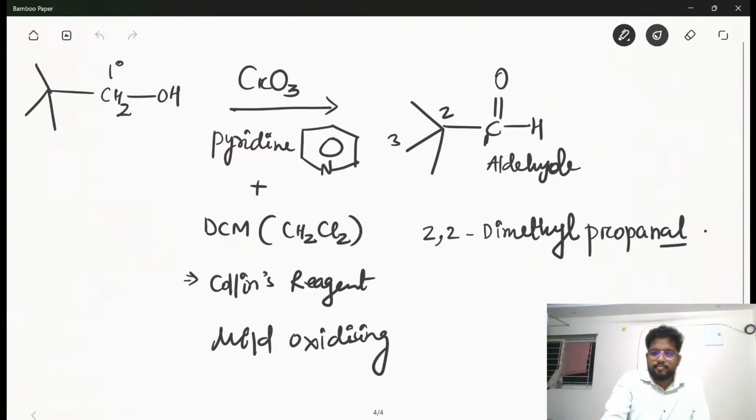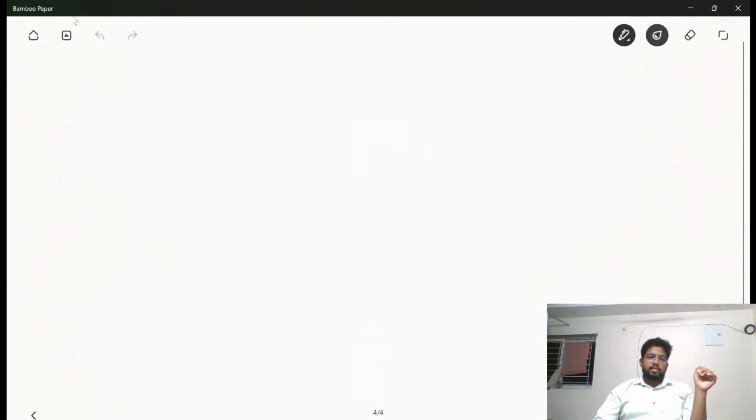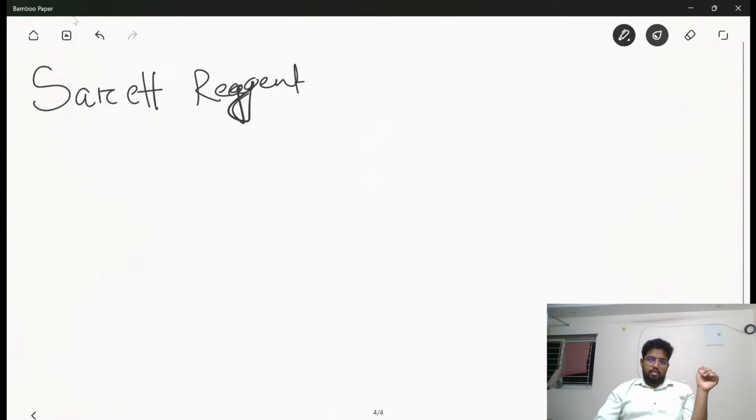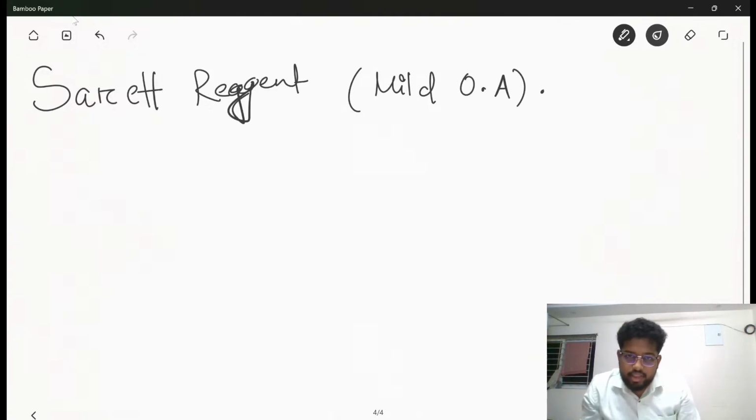Sarret reagent. Sir, what is Sarret reagent? Sarret reagent is also a mild oxidizing agent.